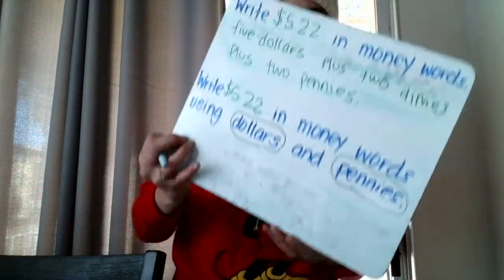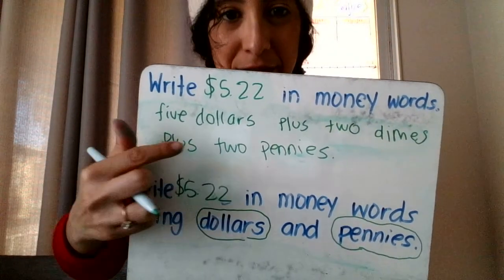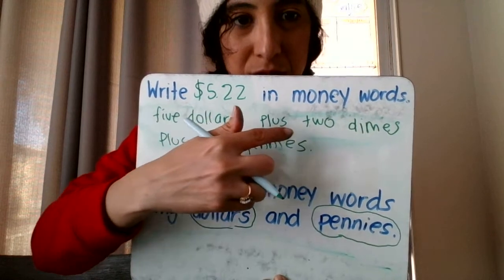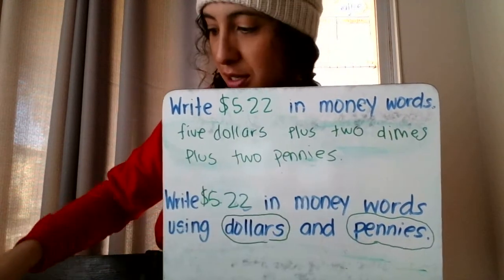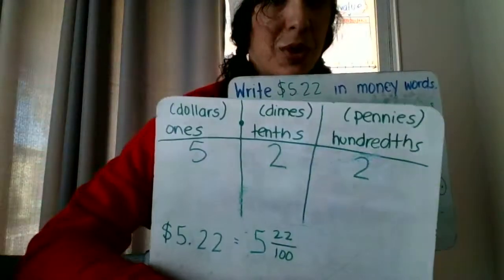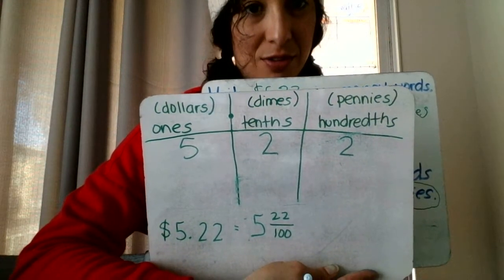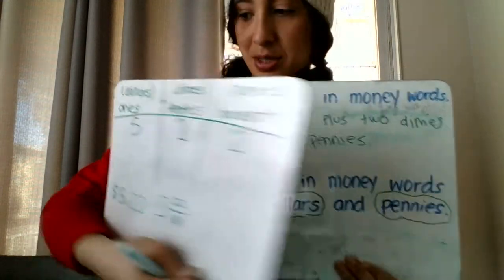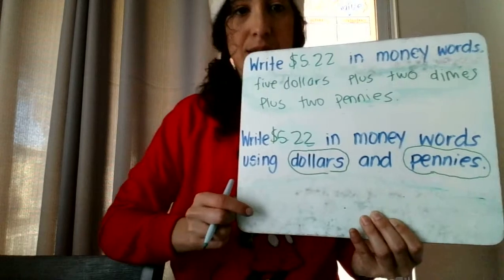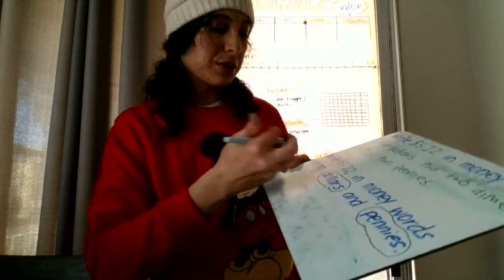Sorry, this is really messy. $5 plus 2 dimes plus 2 pennies. And it matches what I have in my place value chart. $5, 2 dimes, 2 pennies. And the next one, I only want to use the words dollars and pennies.